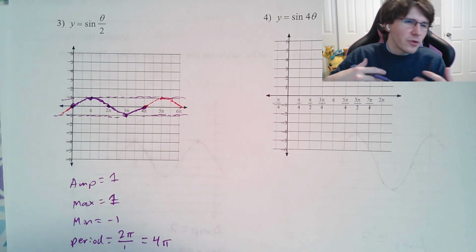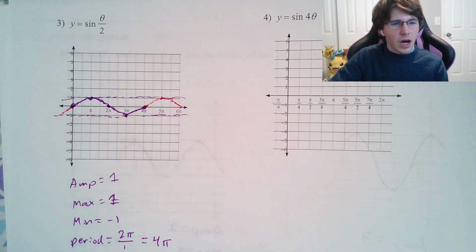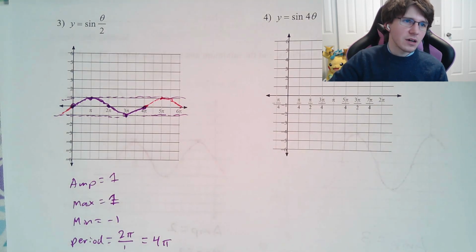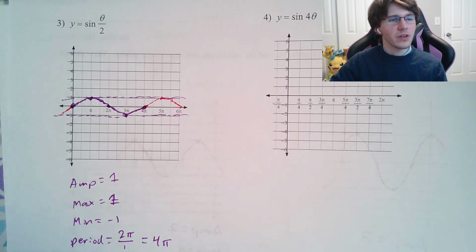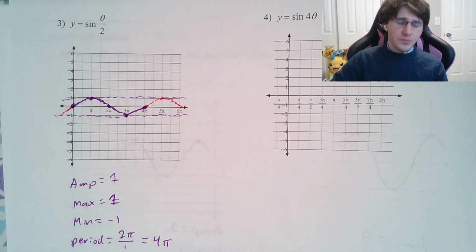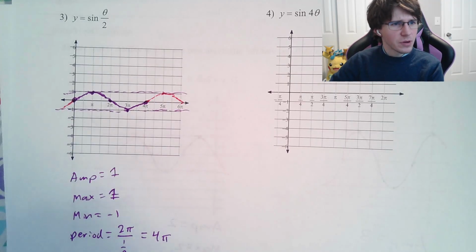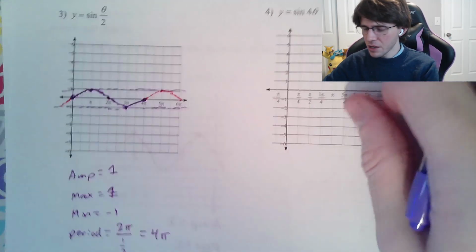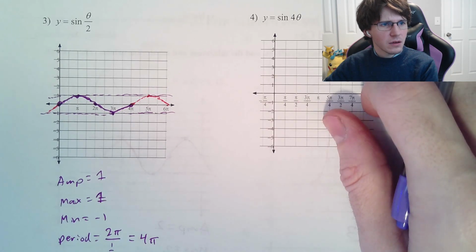If you want to understand the real reason why, what's actually happening when you're dividing by 2 is you're pulling the axis apart, which has the effect of stretching the entire thing out. But I think it's easier just to say that when you're dividing, it pulls it apart for the inside, but it squishes it down for the outside. Either way, I'm done talking about that.